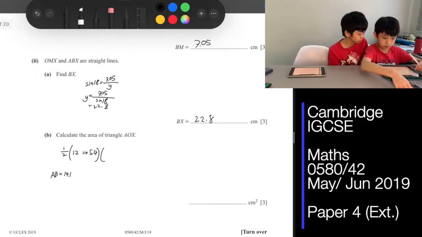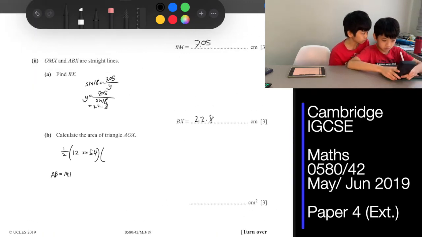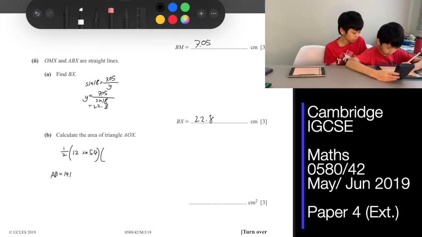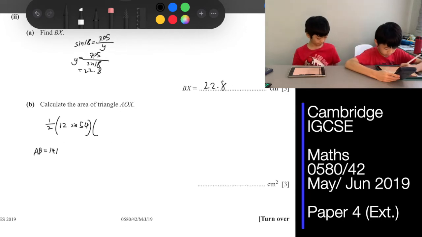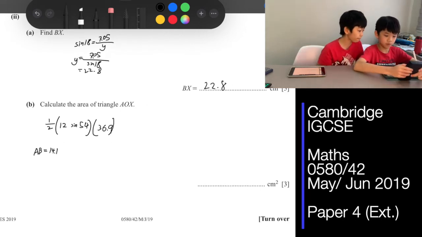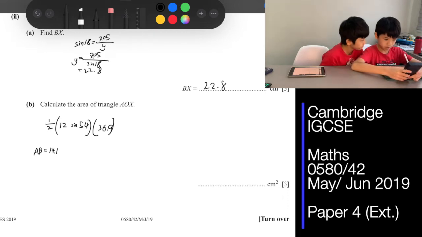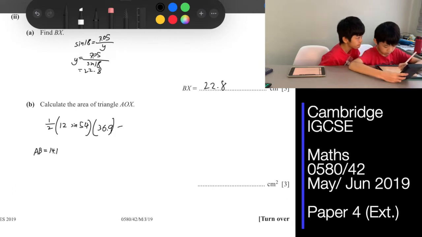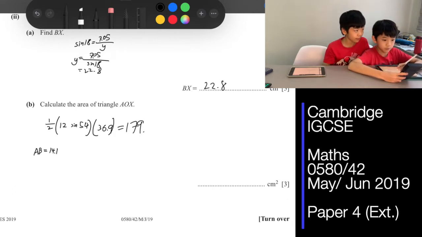So 14.1 plus 22.8 is 36.9. And then that's the equation for the triangle. So all we need to do is use the calculator. It is equal to 179.1.